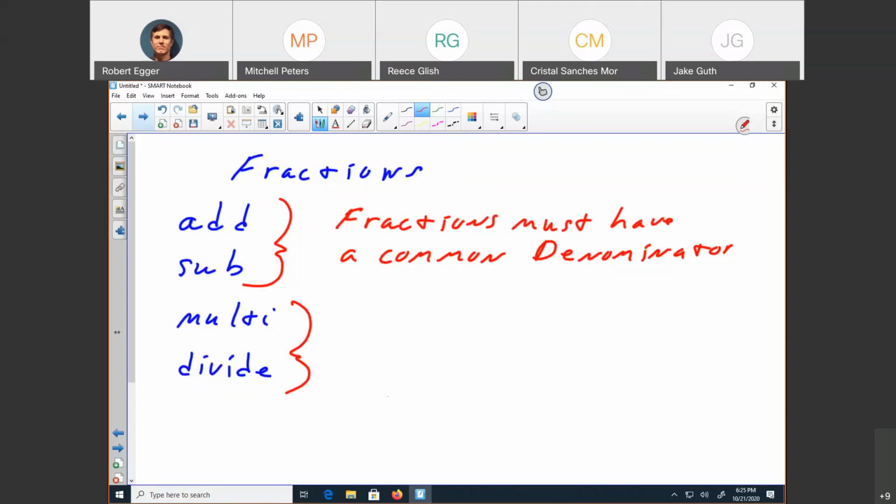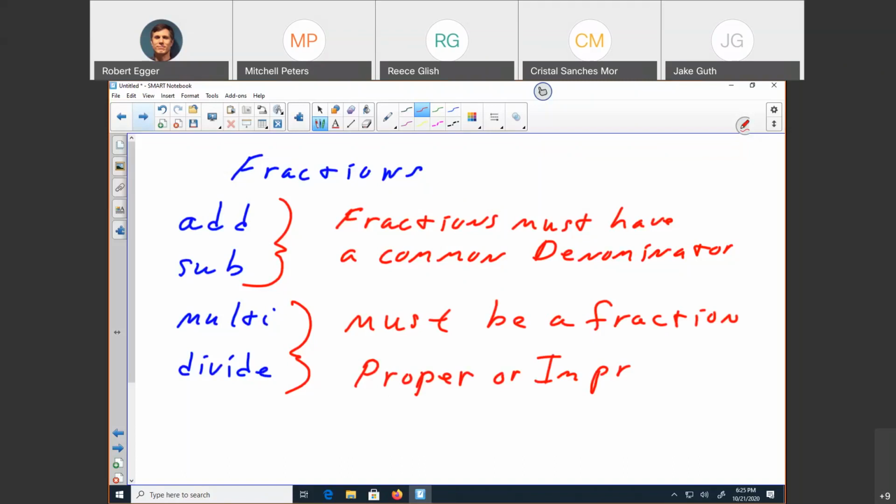Multiplying, dividing. I don't need a common denominator, but it must be a fraction, to be proper or improper.